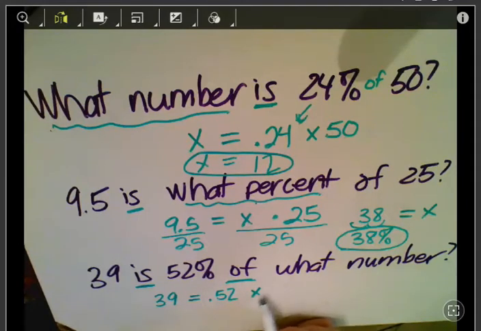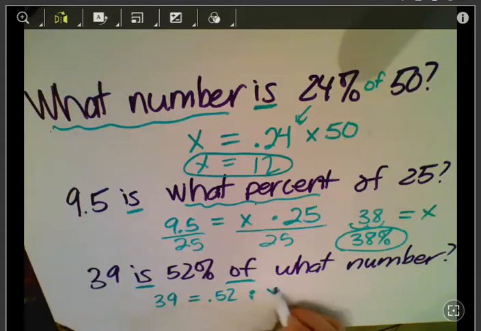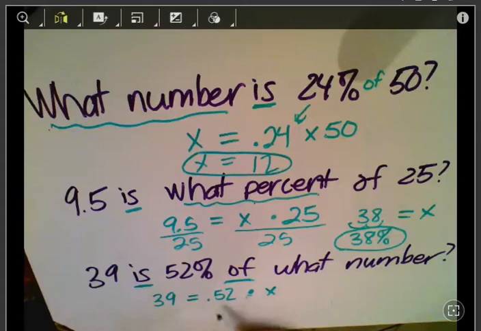That's my X. Times X, I guess I could put a dot for times X. So now I want to get X by itself, so this is multiplication. So to get rid of multiplication, I do division. Whatever I do on this side, I do on this side. So in your calculator, you're going to plug in 39 divided by 0.52. And you're going to get X is equal to 75.